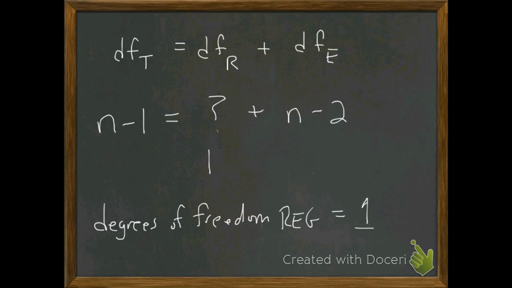Now, one thing before we get on. Ultimately what I want to do is get down to what we call mean square terms, but there's an alternate form for the sum of squares of regression.